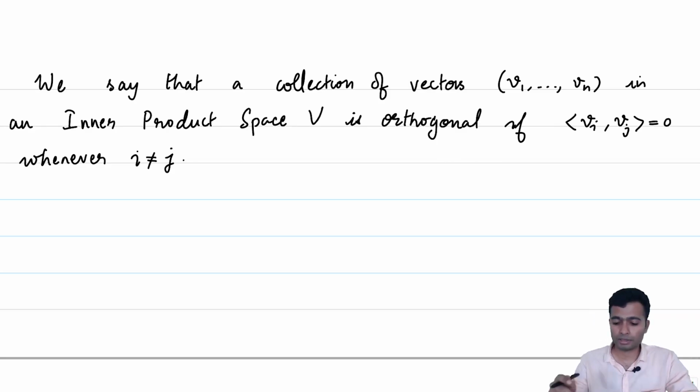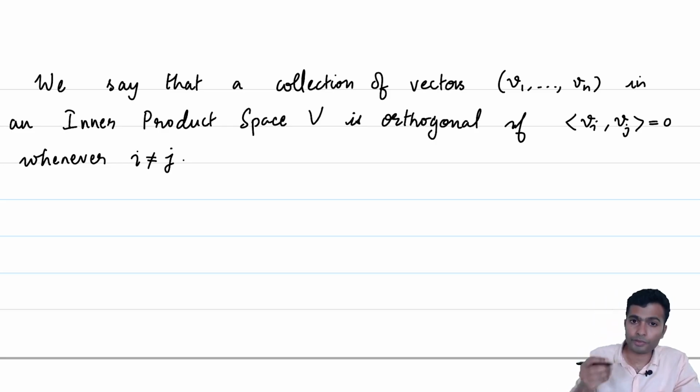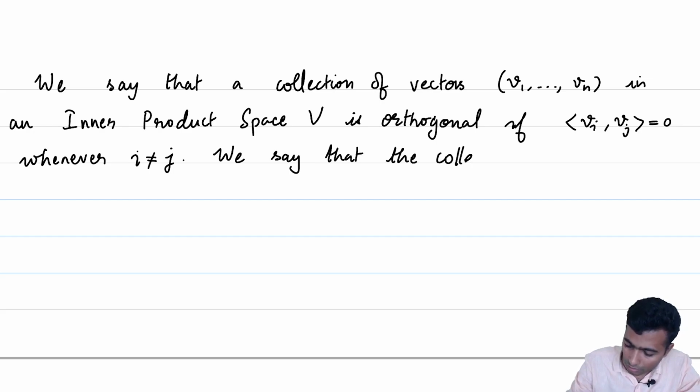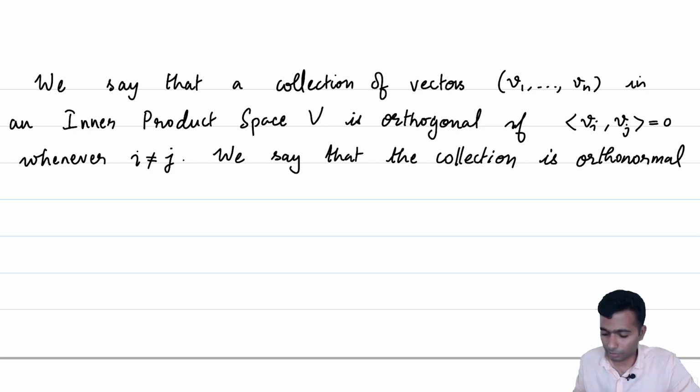And we say that a collection is orthonormal if it is not just orthogonal but also if the length of each of the vectors is 1, if it is of unit length. It's normalized, and that is where the normal is coming from.